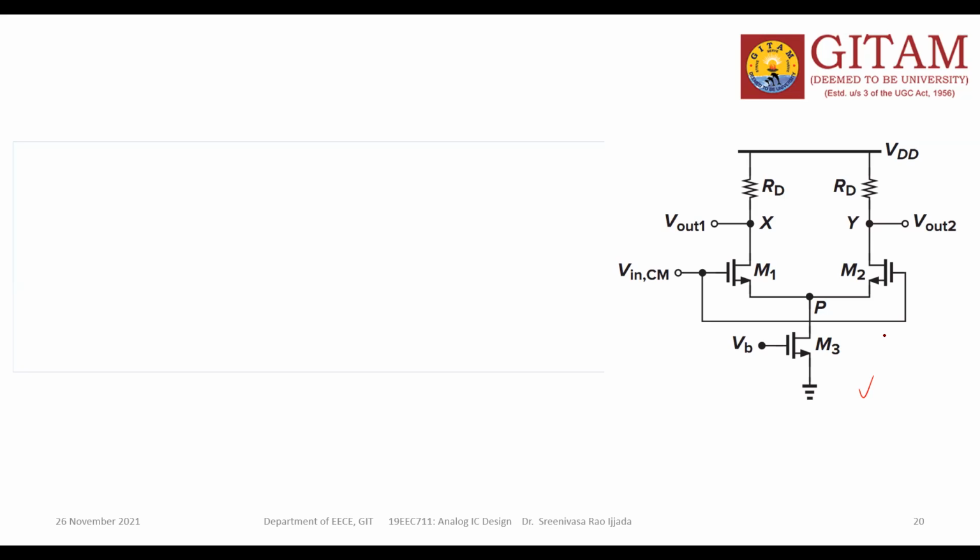To keep this transistor M3 in saturation, the required voltage should be applied to its gate continuously. Then it stays in saturation without being affected by the input. Therefore, this entire thing is acting as a simple current source.